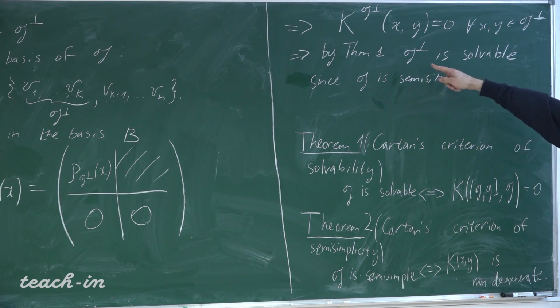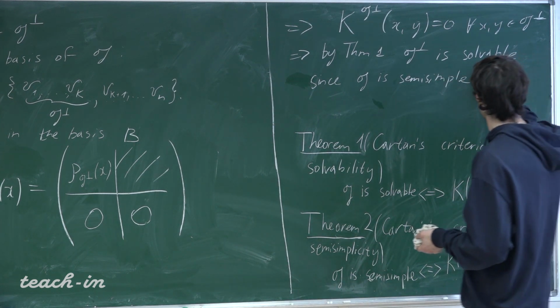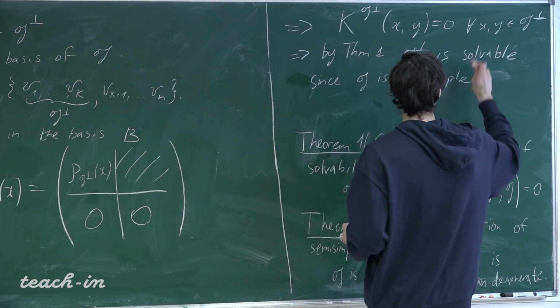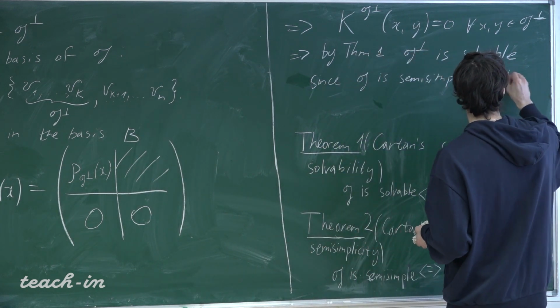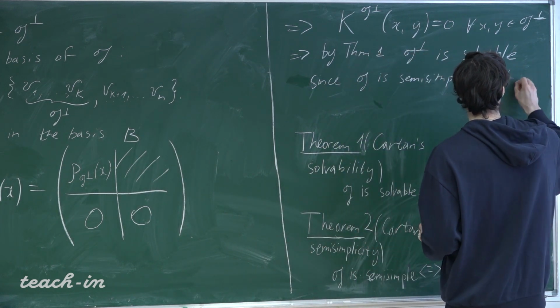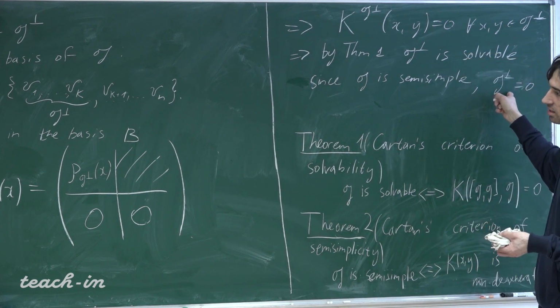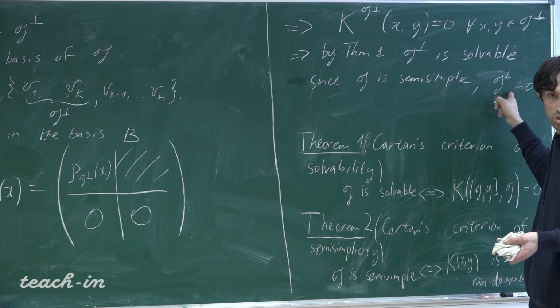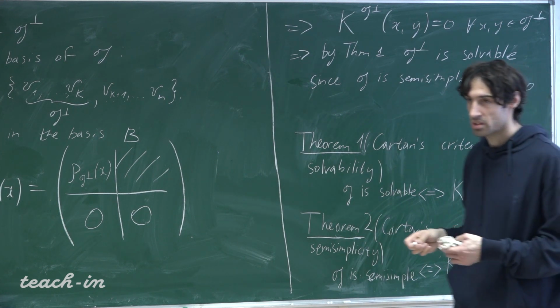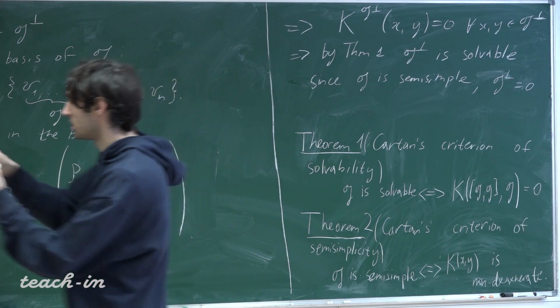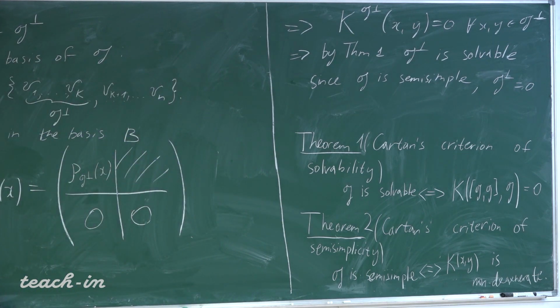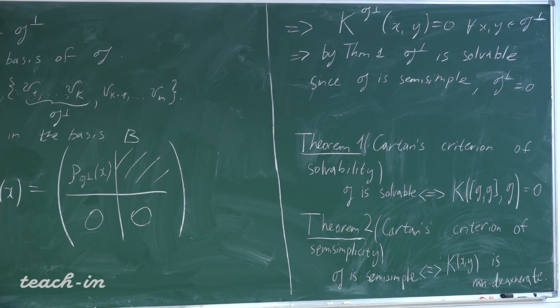In particular, this should be 0. Since G is semisimple, G orthogonal equals 0, and we are done, because this is exactly what it means for the form to be non-degenerate. So again, we proved this direction using theorem 1: if G is semisimple, then the Killing form is non-degenerate.